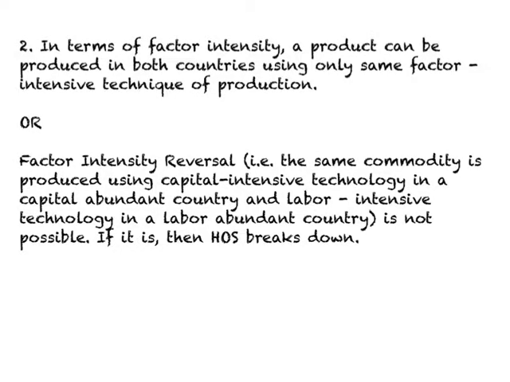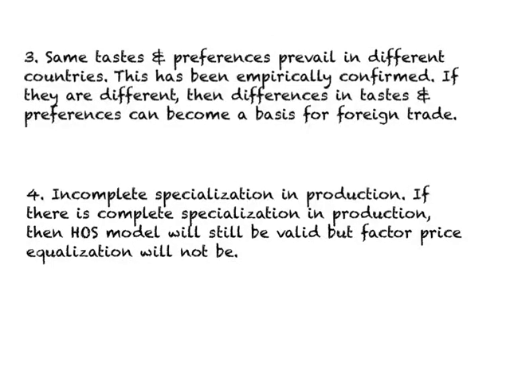Next, the HOS model assumed that tastes and preferences are the same across countries, and if they are not, then of course these differences in tastes and preferences can become a basis for foreign trade.